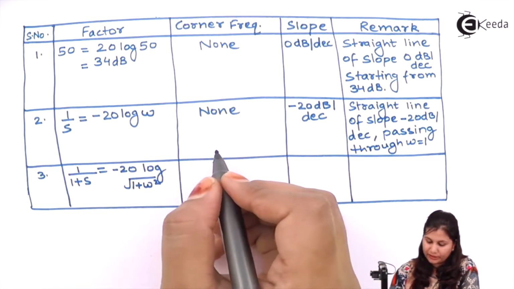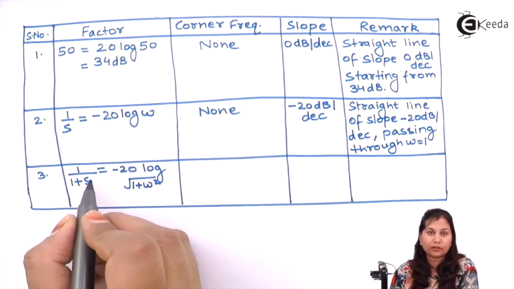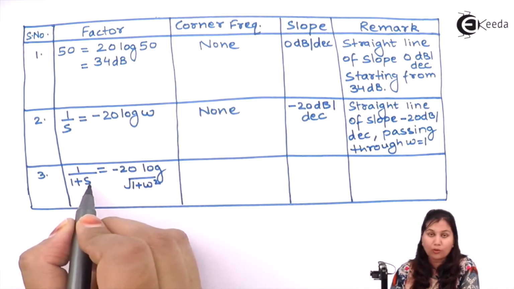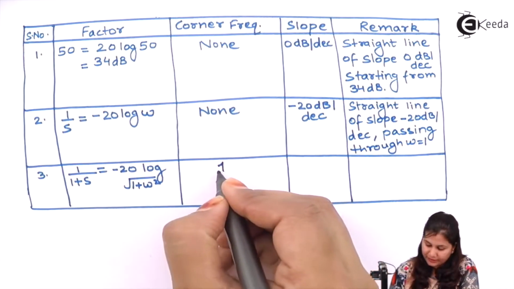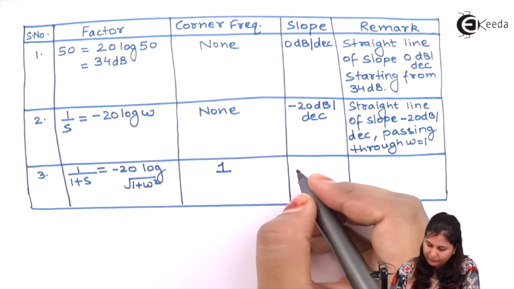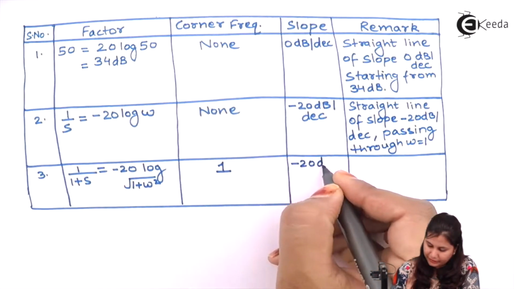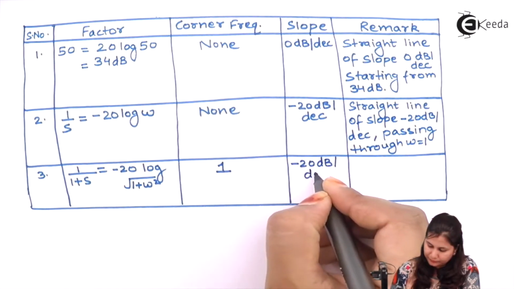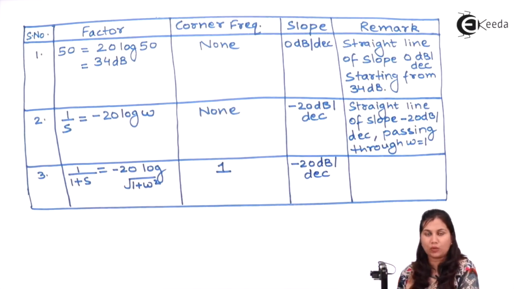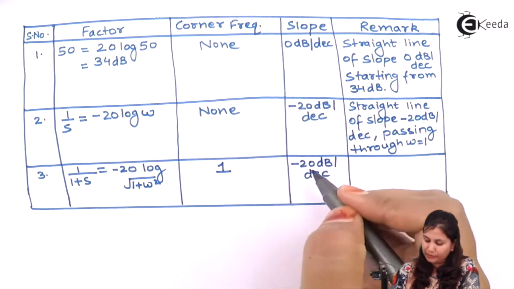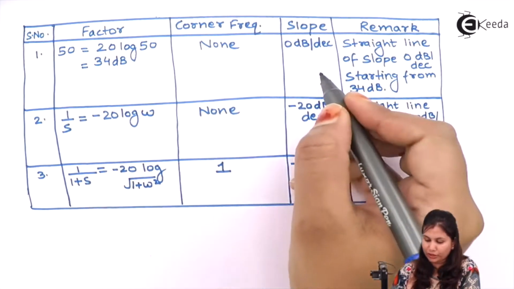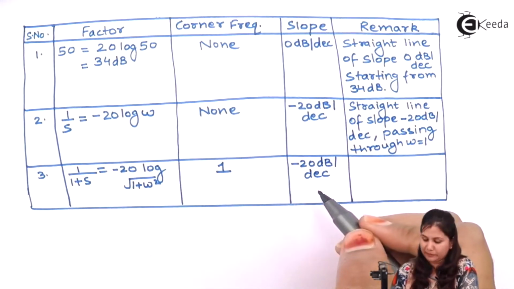The corner frequency can be calculated from the coefficient of omega. The coefficient of omega here is 1, so the corner frequency is 1. Now the slope will be minus 20 dBs per decade, because here the power of 1 plus s is 1, so the slope will be minus 20 dB per decade. If the power is 2, the slope will be minus 40 dBs per decade.